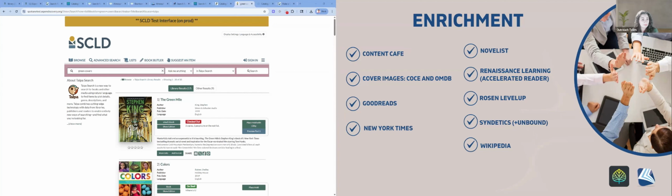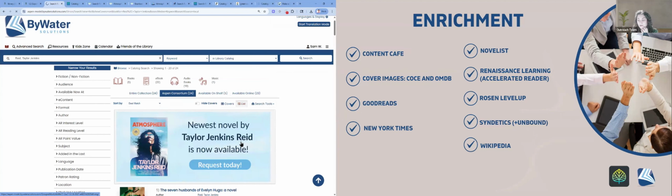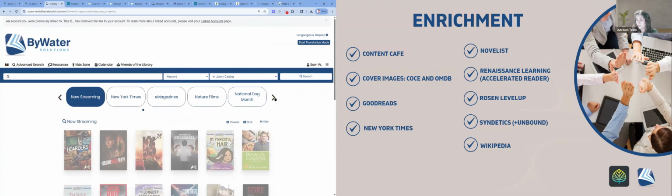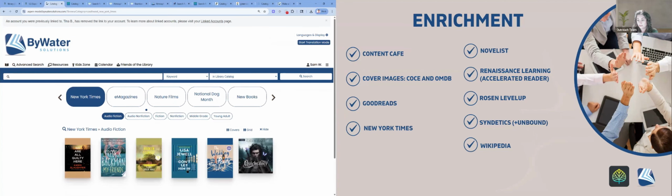It also supports community-based tools like Goodreads for reviews and ratings, and popular content sources such as the New York Times bestseller lists, which are featured as a browse category right on your Aspen homepage by checking the ISBNs in your collection via the New York Times bestseller lists.